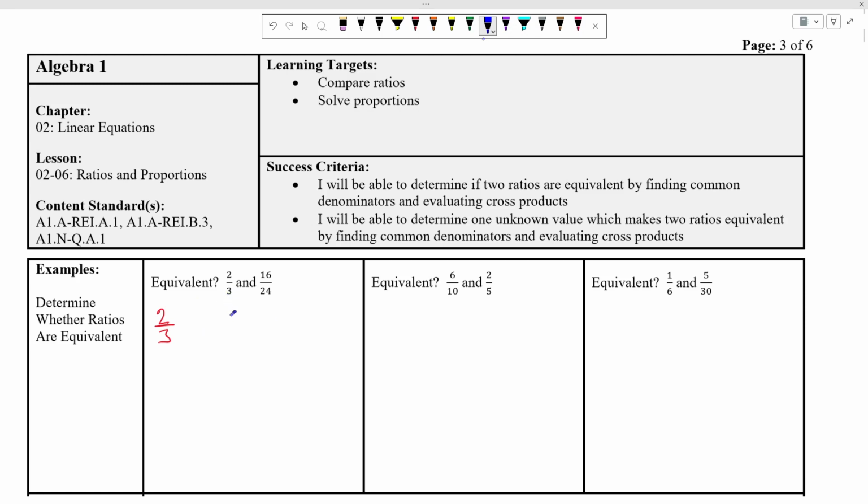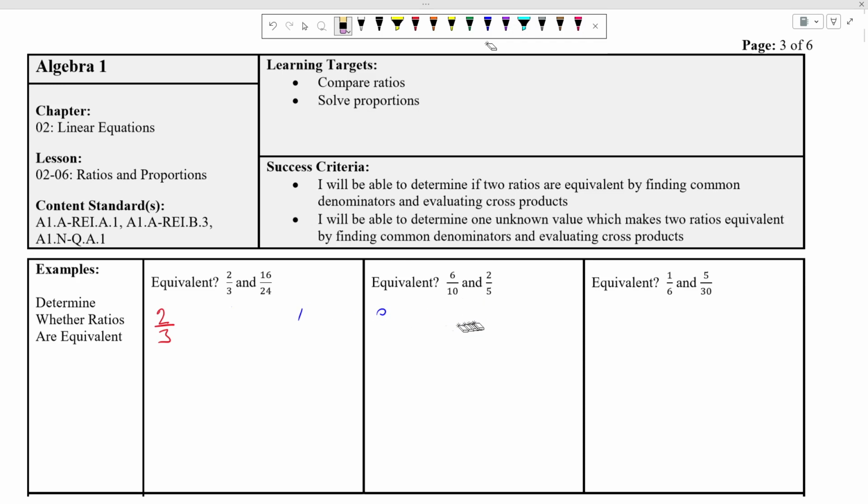If I go with the least common multiple approach, the common denominator approach, let's see. I have 3, 6, 9, 12, 15, 18, 21, 24, and then 24, 48. The least common multiple appears to be 24, the least common denominator, however you want to phrase that.